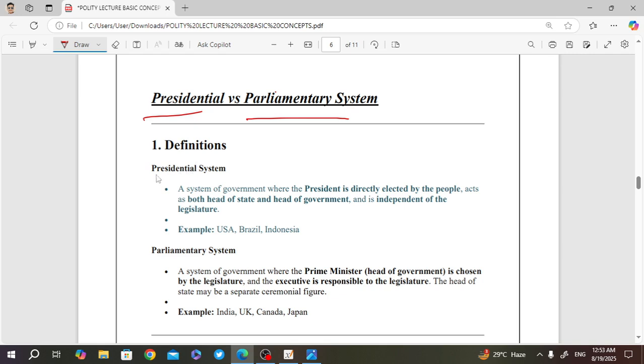Here there is a definition of the presidential system and the parliamentary system. I am already teaching the concept. Let's see it again.